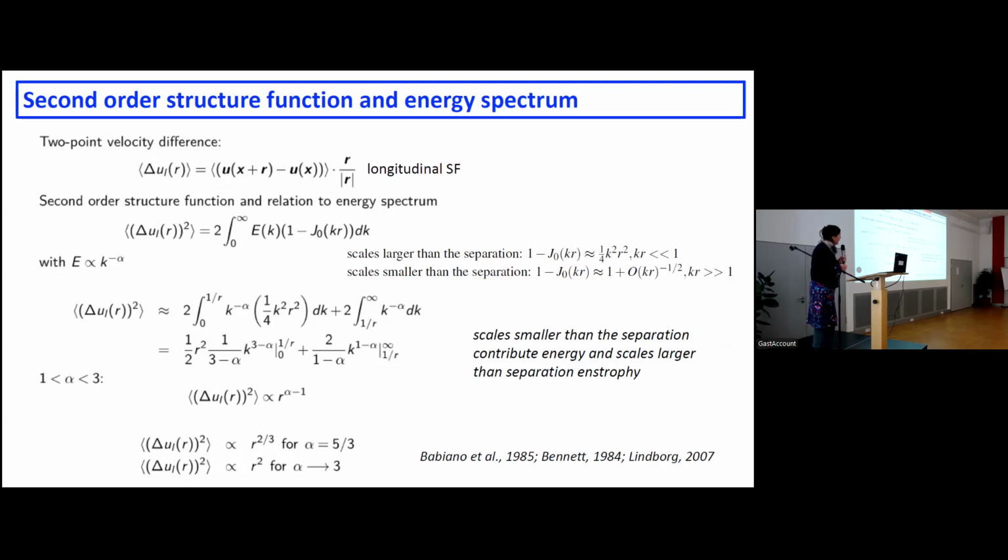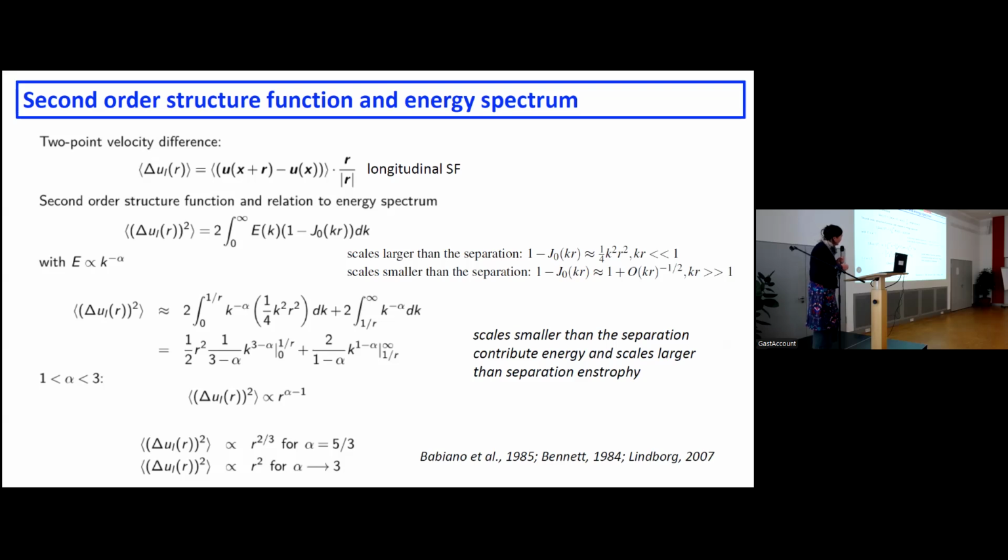So for scales larger than the separation r, so for very small wave numbers, this term goes to a quarter k squared r squared. And then on the other hand, you can look at the other limit: for scales much smaller than the separation, this term goes to 1. So taking these limits, you can look at this integral as a sum of two contributions.